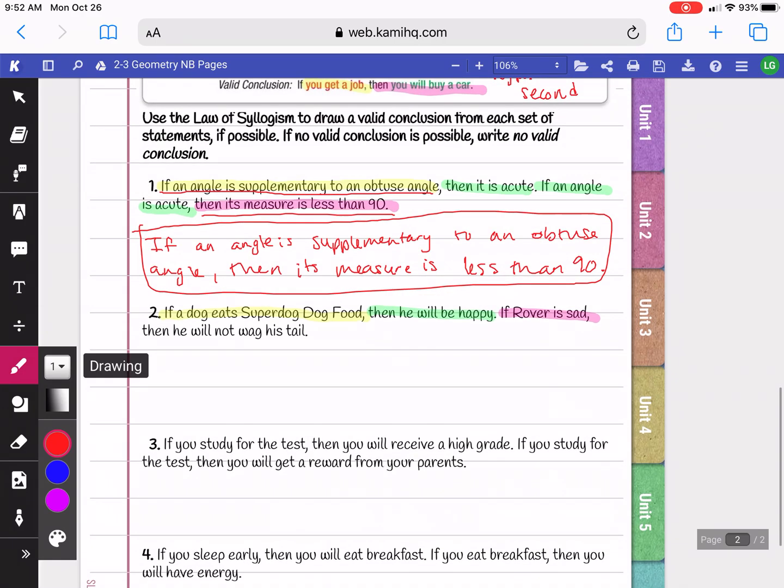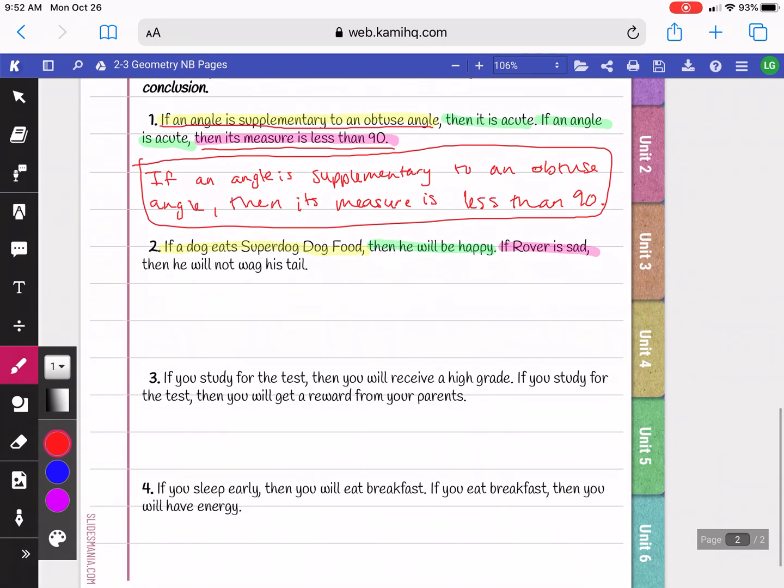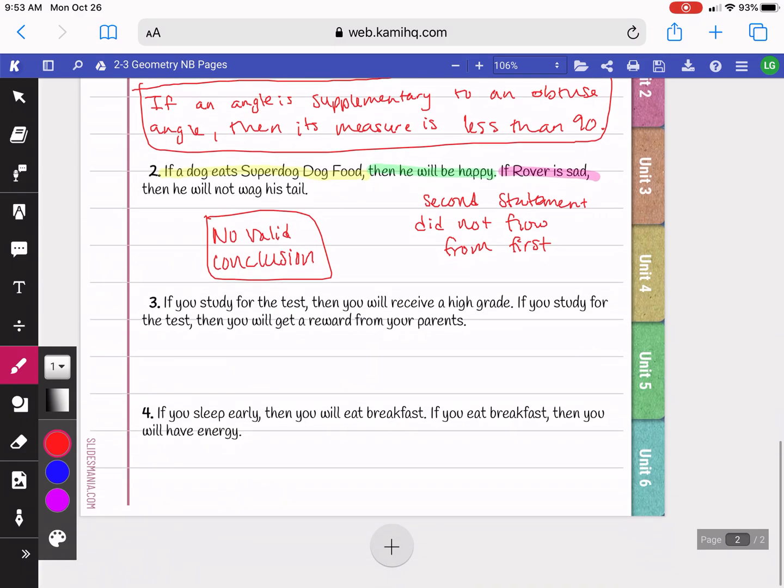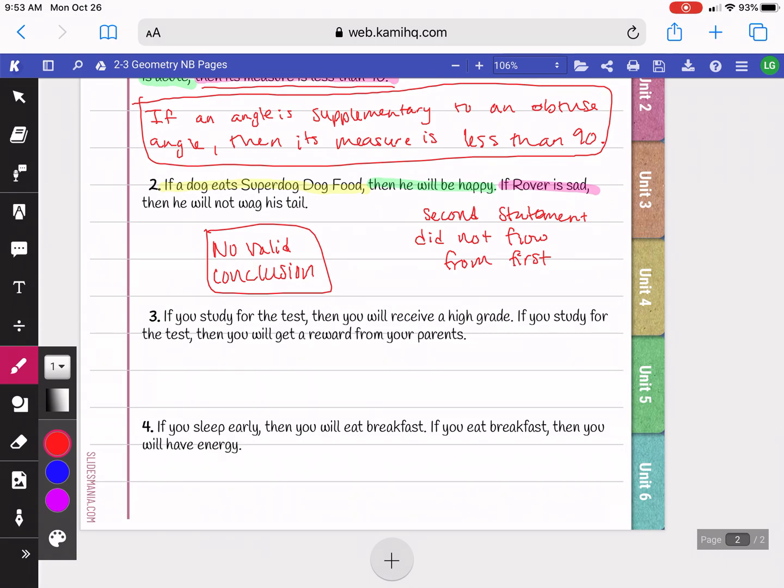So because we can't do that, then there is no valid conclusion. The second statement would have to flow from the first for us to be able to come up with a conclusion.